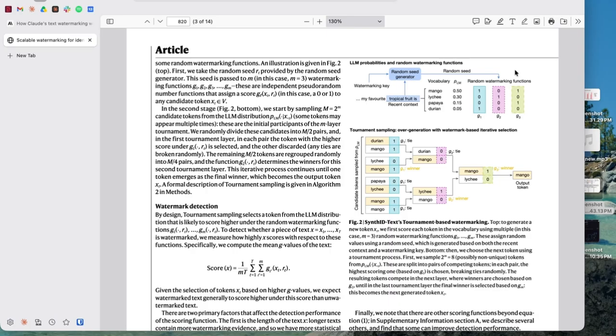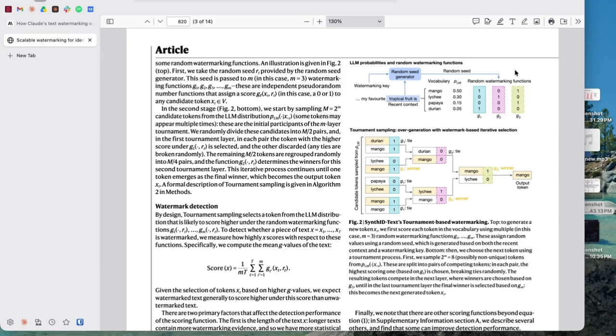What it's actually generating is a series of functions. Think of each of these functions as, at its simplest, a vector of zeros and ones. The way that those random functions are applied is that they're used to select preferentially from amongst the possible outputs.